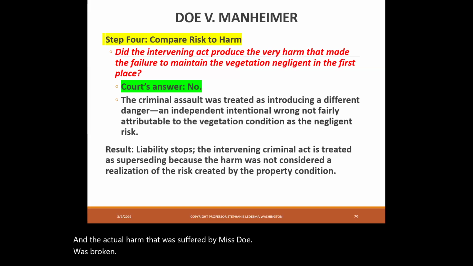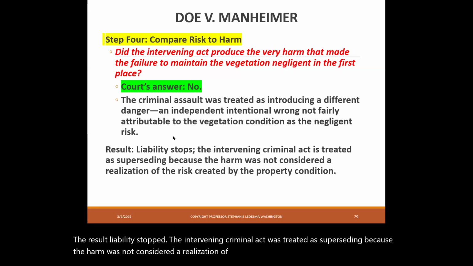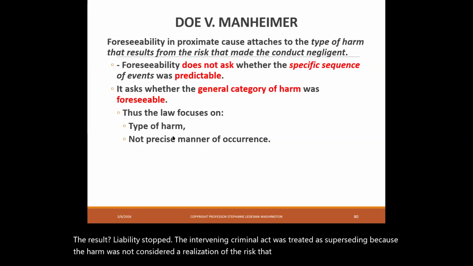The result, liability stopped. The intervening criminal act was treated as superseding because the harm was not considered a realization of the risk that was created by the property condition.